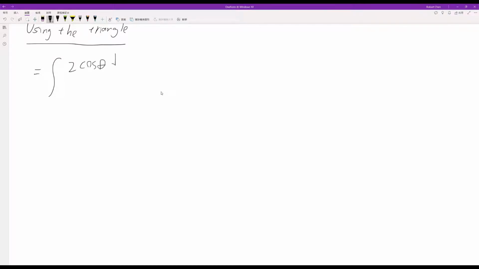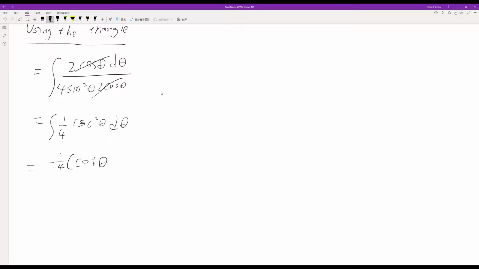2 cosine theta d theta for sine squared theta, 2 cosine theta. Then we're going to cross everything out, well, not everything, and we're left with 1/4 cosecant squared theta d theta, which is negative 1/4 times cotangent theta.